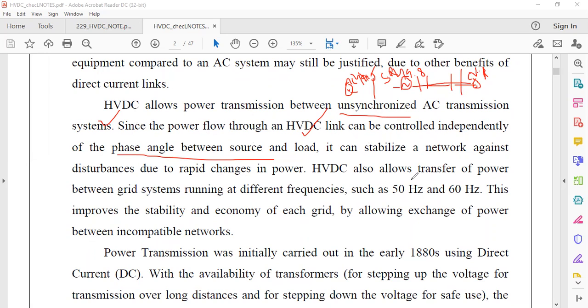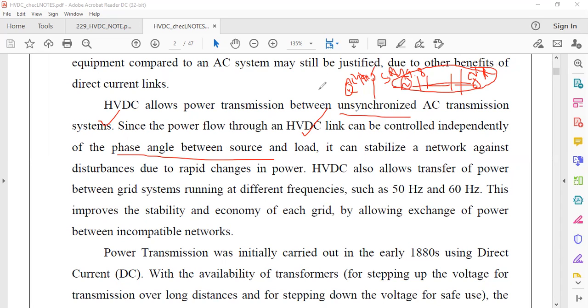HVDC also allows transfer of power between grid systems running at different frequencies, such as 50 and 60 Hz. Just now I said this is the process, and we can transfer power between different frequencies. This improves the stability and economy of each grid by allowing the exchange of power between incompatible networks.